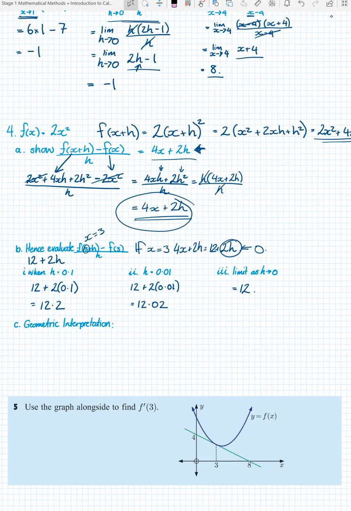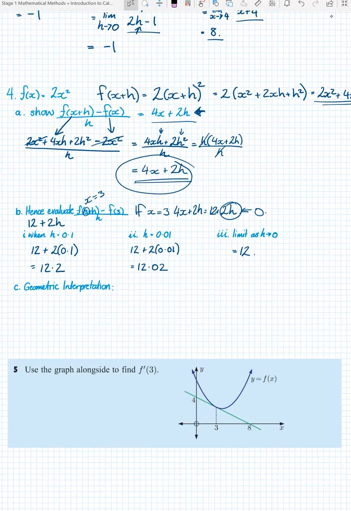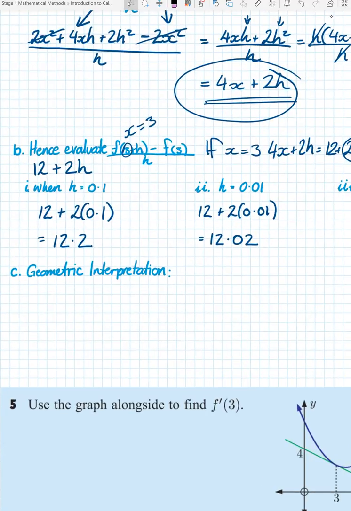So what is the geometric interpretation of what we've just discovered there? And that is asking us about the slope.